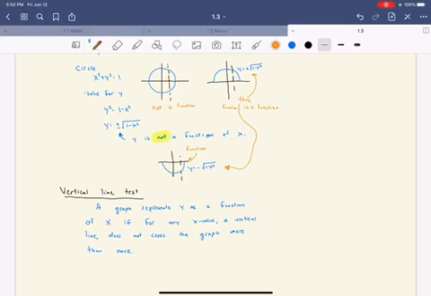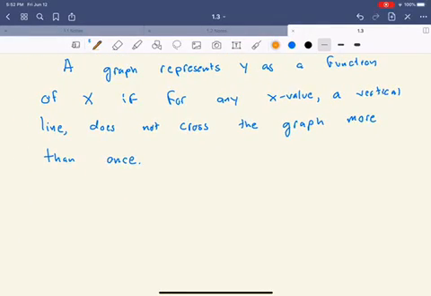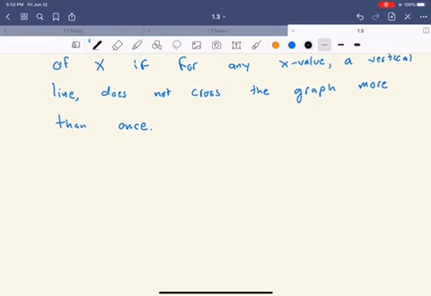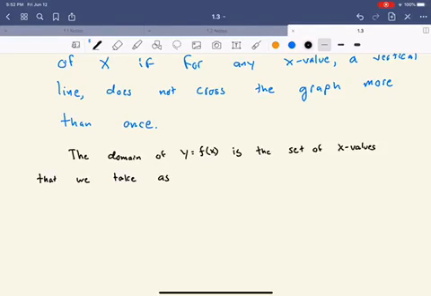Now, let's talk real quick about the domain of a function. The domain of a function y equals f of x is the set of x values that we take as allowable inputs.